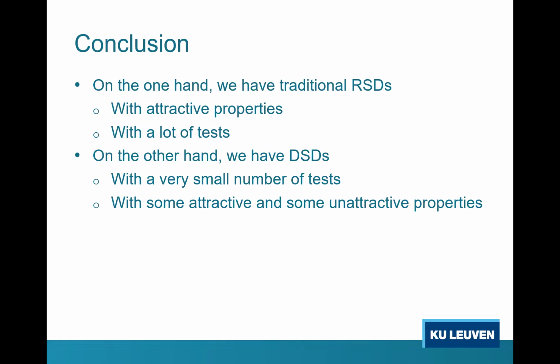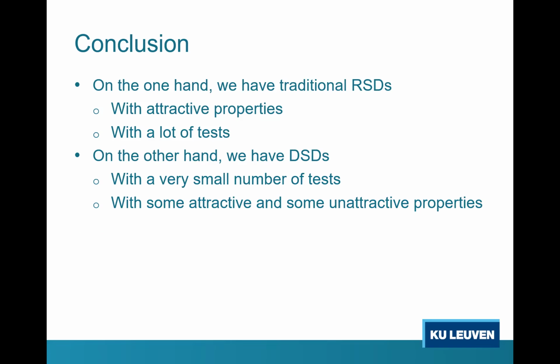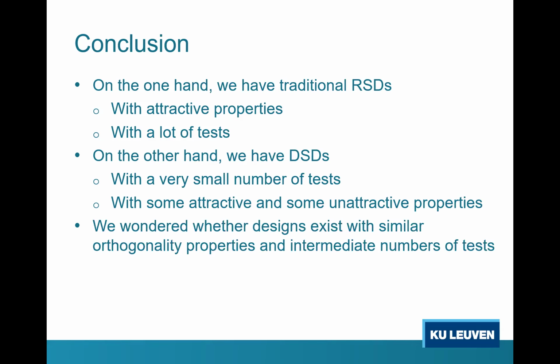They are economical, so they only require you to do a small number of tests, and they have some attractive properties, but also some unattractive properties that make the data analysis more painful. Now, in between the traditional response surface designs and the definitive screening designs, there's a sort of gap.